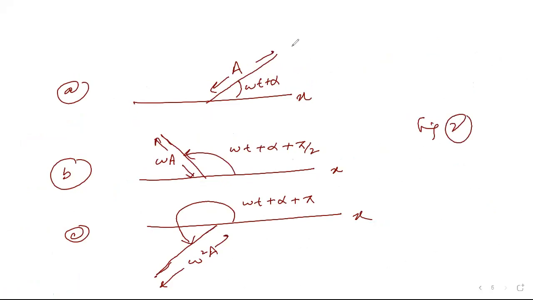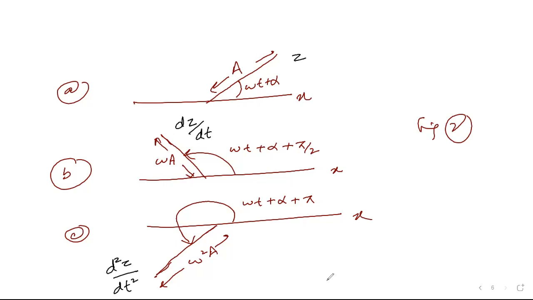Let me use another color now. See, this vector represents z. This vector represents dz by dt, and this vector in part C of figure 2 represents the second order derivative of z with time, that is d2z by dt2, right?